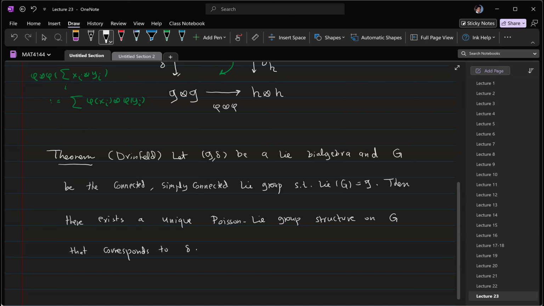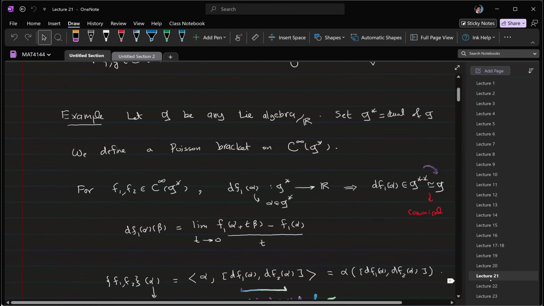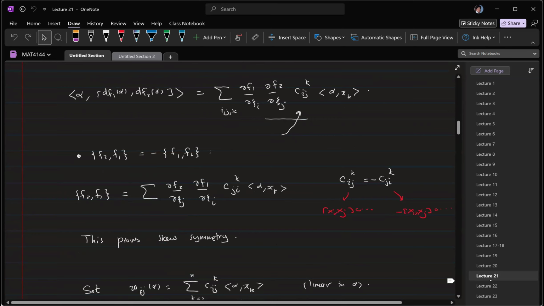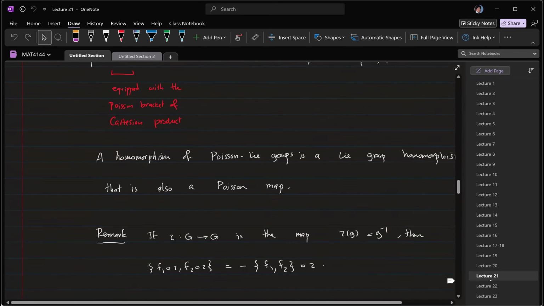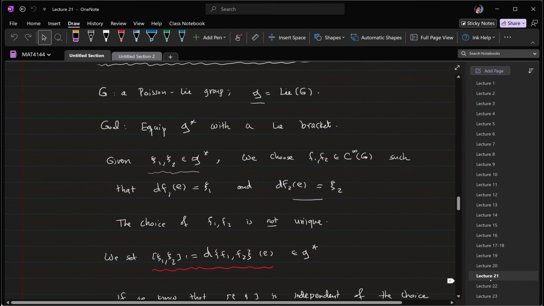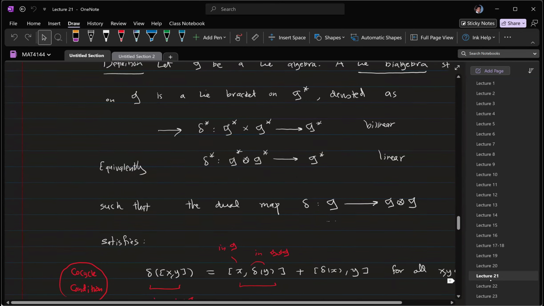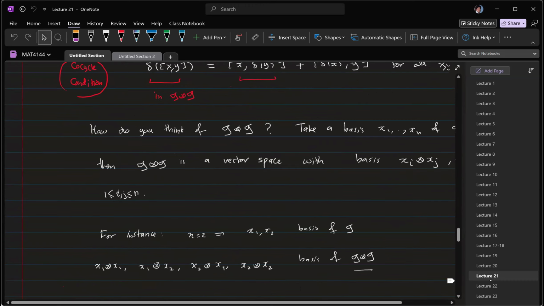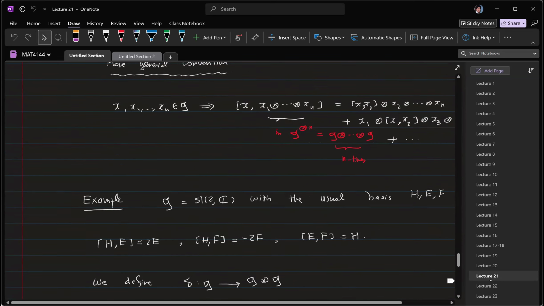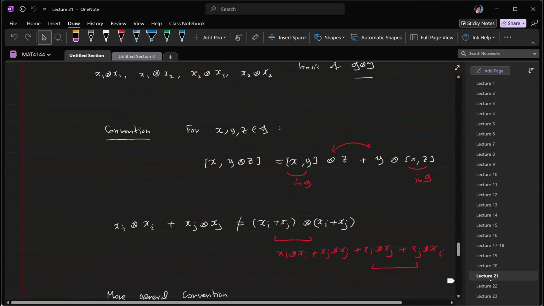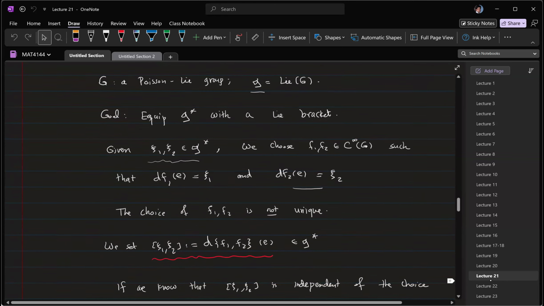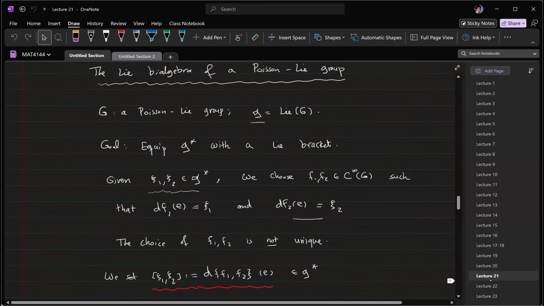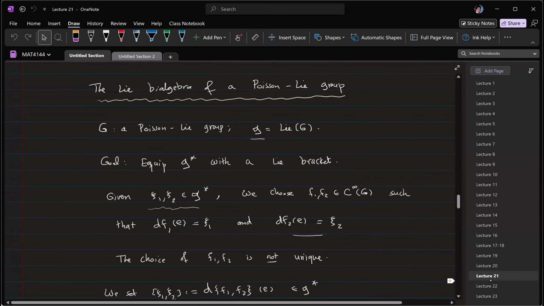We discussed this a few lectures ago, I think maybe in lecture 21, roughly after we talked about Poisson-Lie groups. So if you have a Poisson-Lie group, we associate it with a Lie bialgebra structure, right?